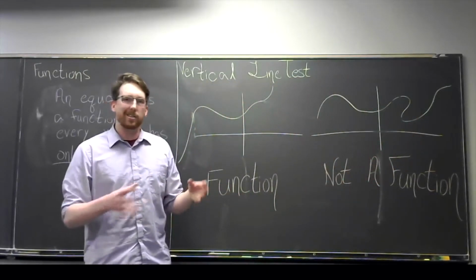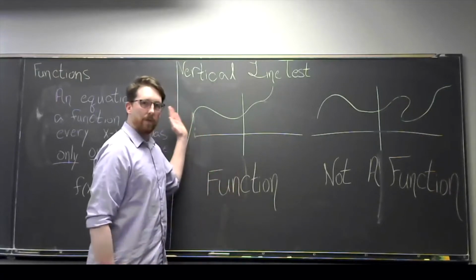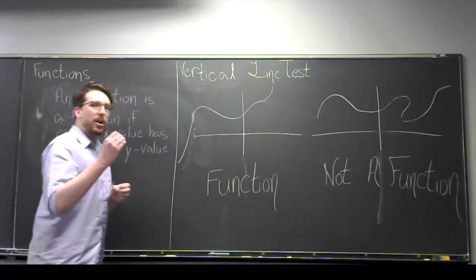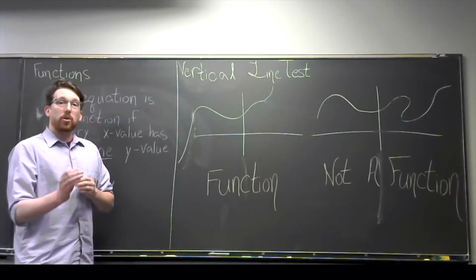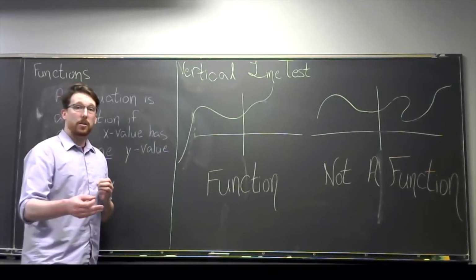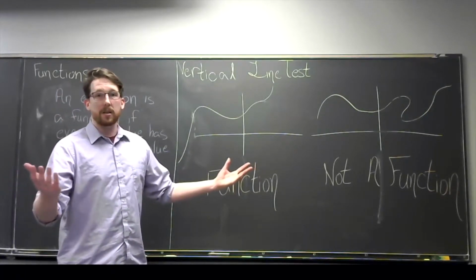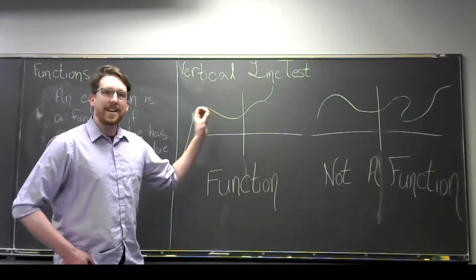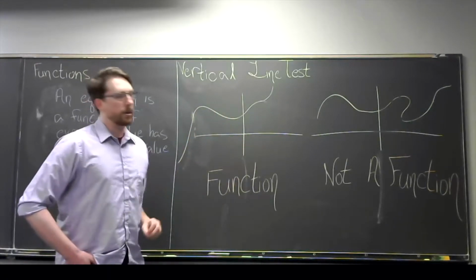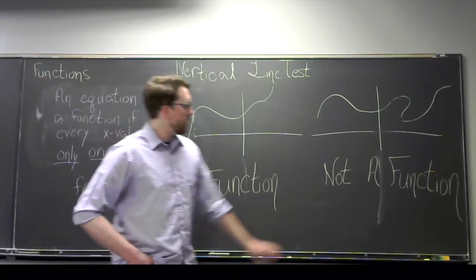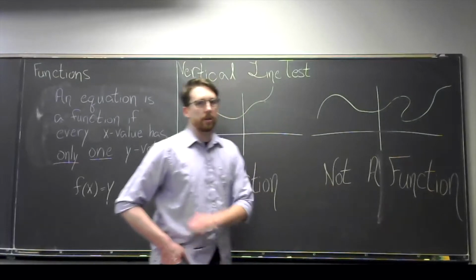The vertical line test is just this idea: if I took a vertical line and moved it through, is there ever a spot where that vertical line is going to pass through my graph more than once? If it does, then it fails the vertical line test, and the equation that this is a graph of cannot be a function. So, function, not a function.